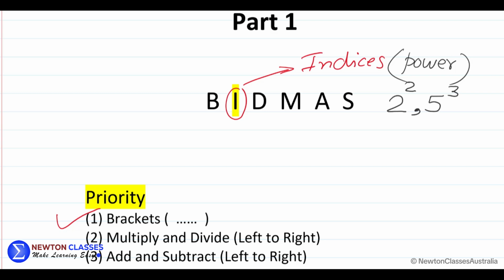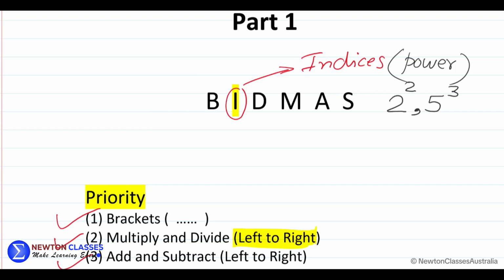Then we move to multiply or divide. But if both operators are there, which one to take first? We have to decide by going from left to right. This left to right is extremely important if we have both multiply and divide in the same expression. And once there's no multiply or divide, then we look for add or subtract.